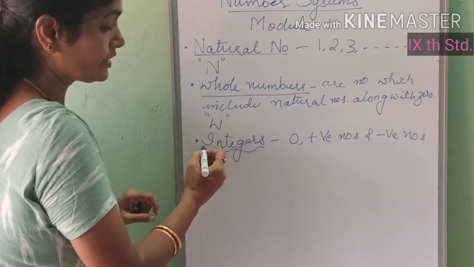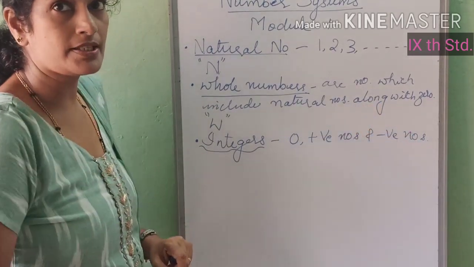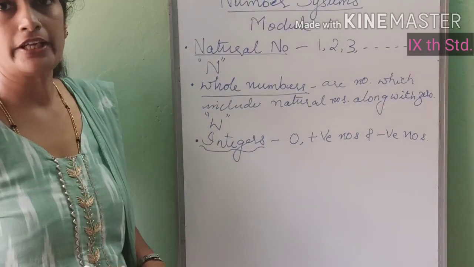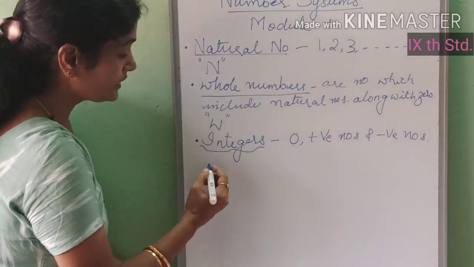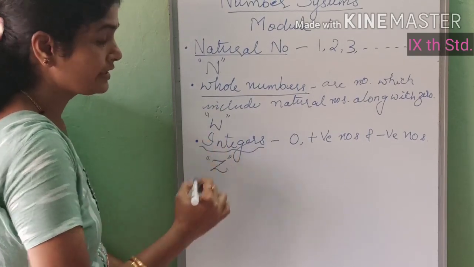All these are included in the set of integers. These integers are represented by the letter Z.